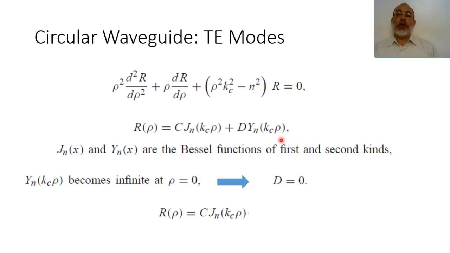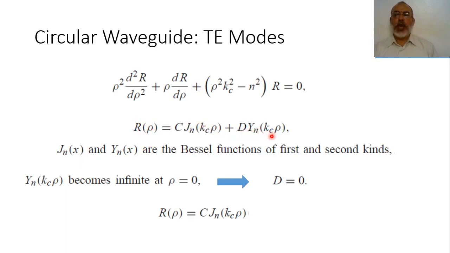From the properties of the Bessel function of second kind, Yn of 0 is infinity or minus infinity. So if the value of d is not 0, then the value of R as a function of rho would be infinity at rho equals 0.